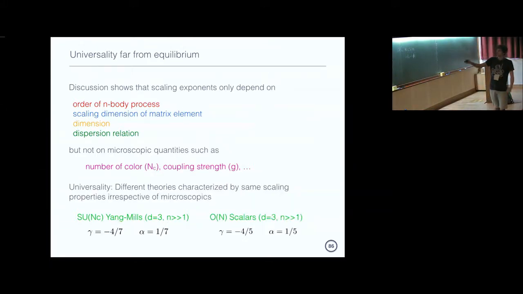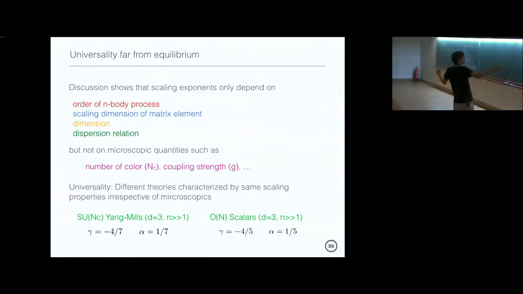And since we have this independence of these microscopic quantities, that gives rise to a notion of universality. Different theories, characterized by, say, a different number of colors or different coupling strengths, can exhibit the same scaling properties far from equilibrium, irrespective of what the microscopic parameters are.